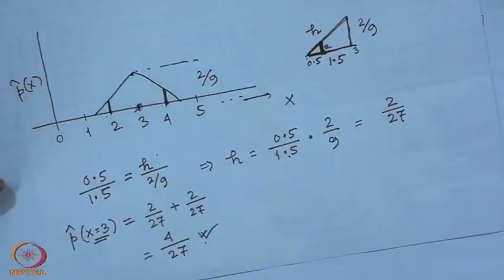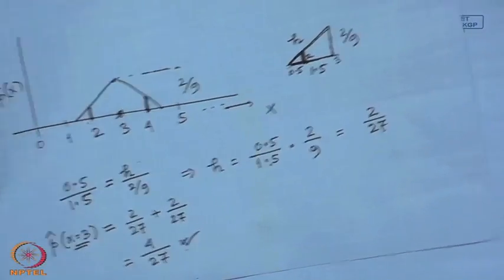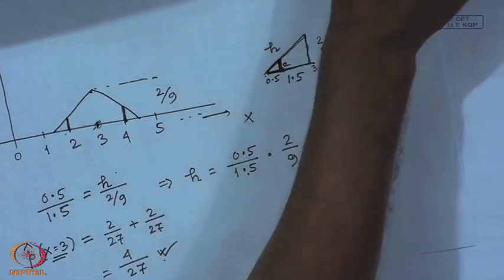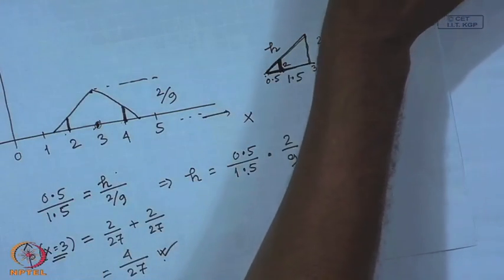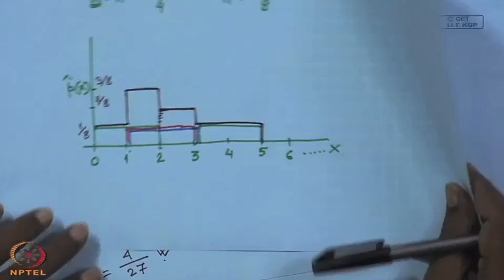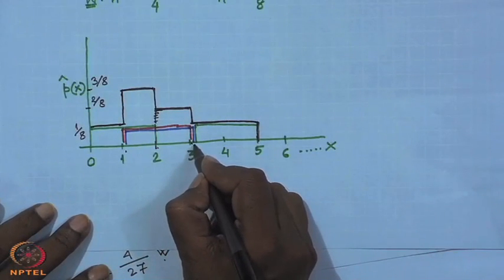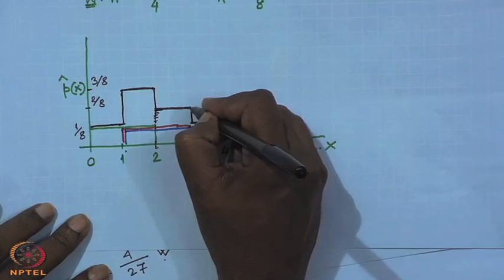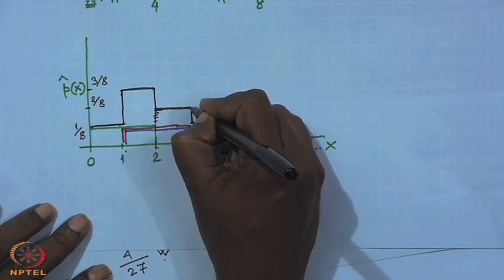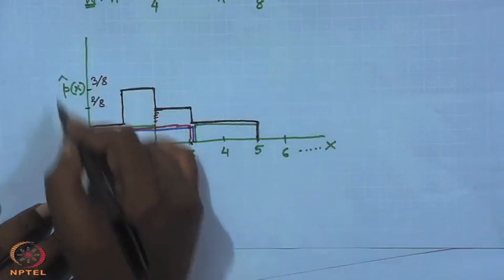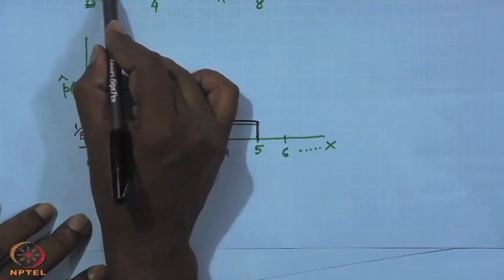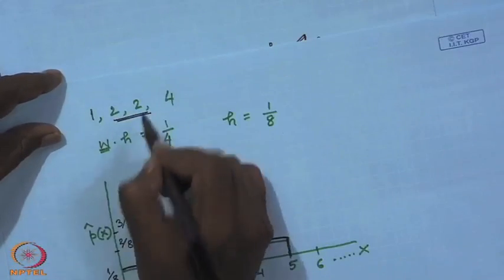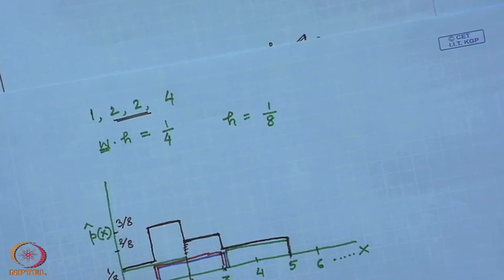Which I can compute like this. If I use this one, you find that the estimated probability density at location x equal to 3 is this one, which is 2 by 8, if I use a rectangular window, assuming that I have two samples at location x equal to 2.